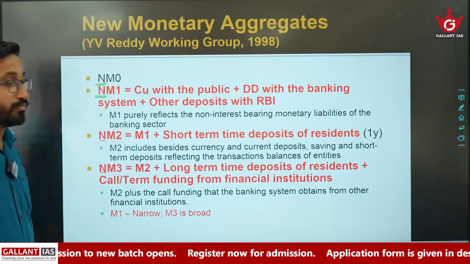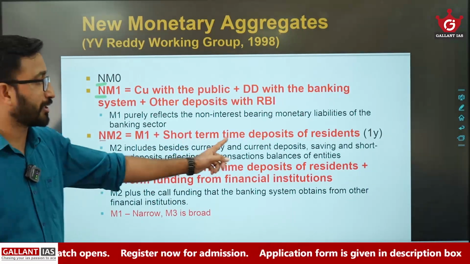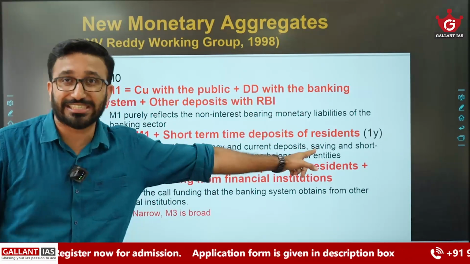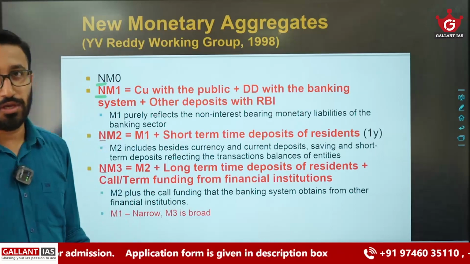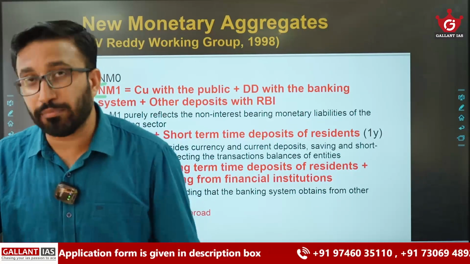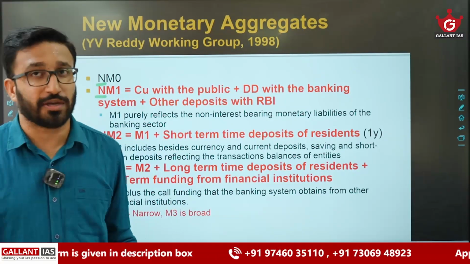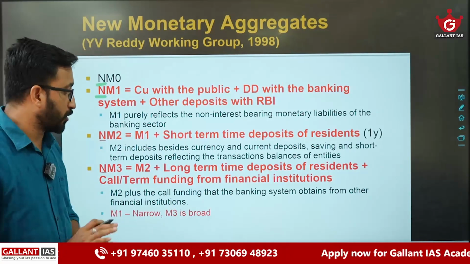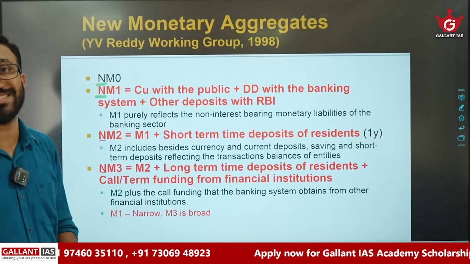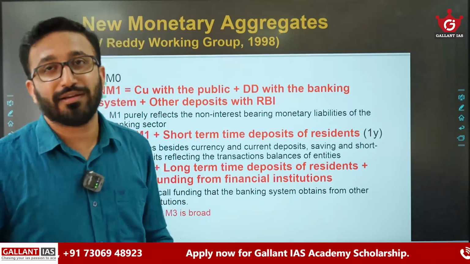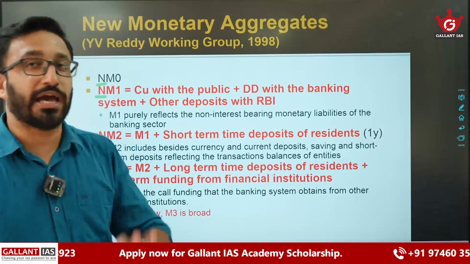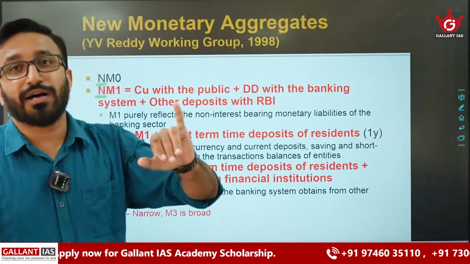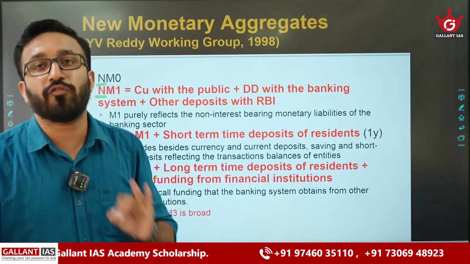NM2 consists of M1 plus short-term time deposits of residents. In our old M2, it consists of M1 plus post office savings. So in the new system, they have totally eliminated the post office system from the monetary aggregates. In the earlier one, we have post office savings in M2 and M4.